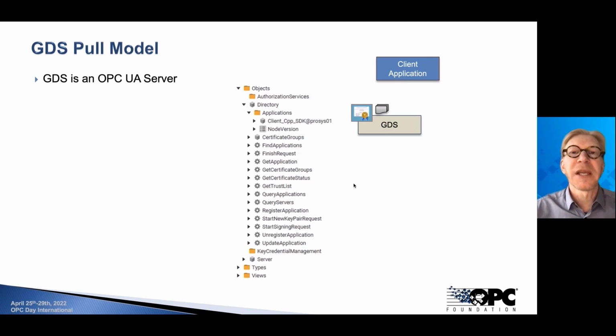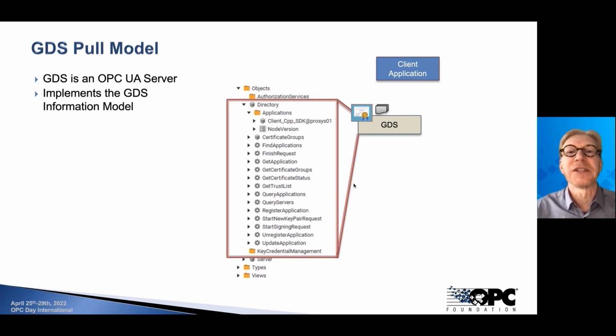Now the communication between the GDS and the other OPC applications can happen in two different alternative ways. The first one we call the pull model. In this model, the GDS is an OPC server, so the client applications can use it. And in this role, it implements the GDS information model that is defined in the OPC UA specifications.